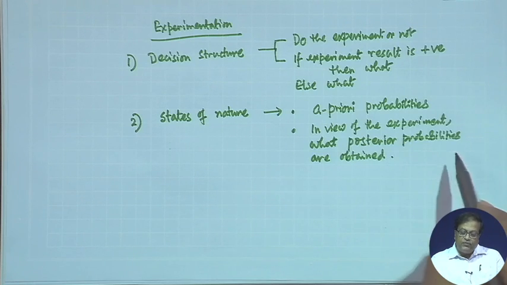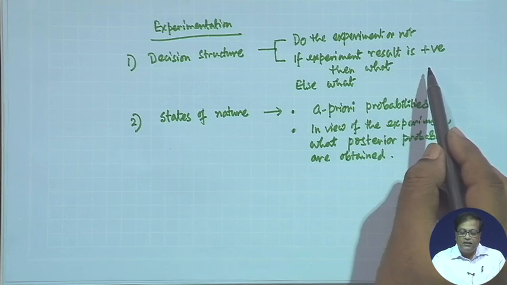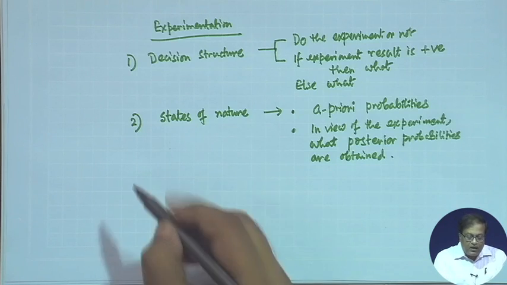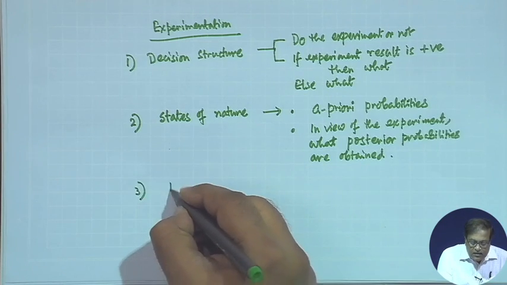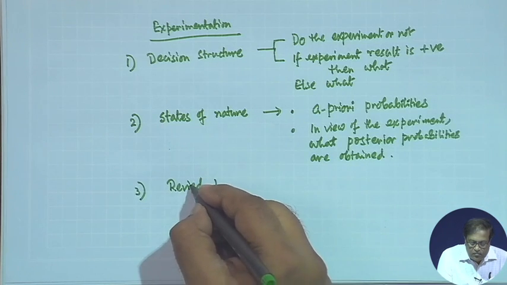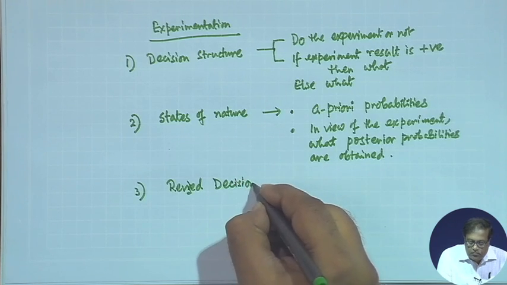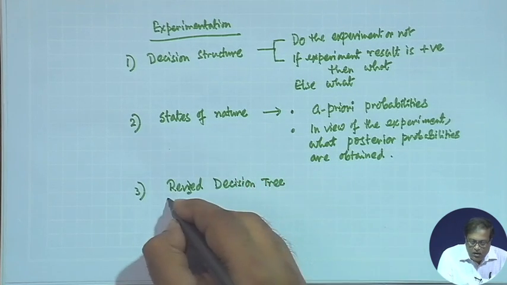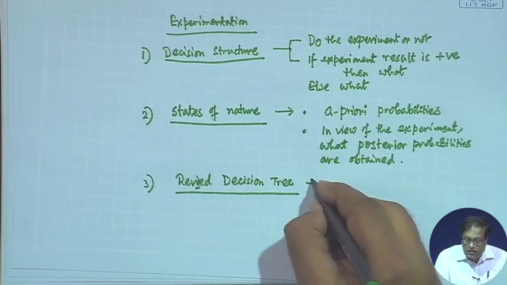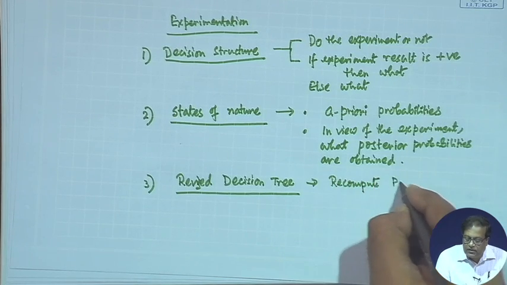And again there are two different sets of posterior probabilities. One is for if the experiment result is positive, the other is if the experiment result is negative. So, these have to be done, and the third one is the revised decision tree. The decision tree also has to be revised, recompute payoffs.